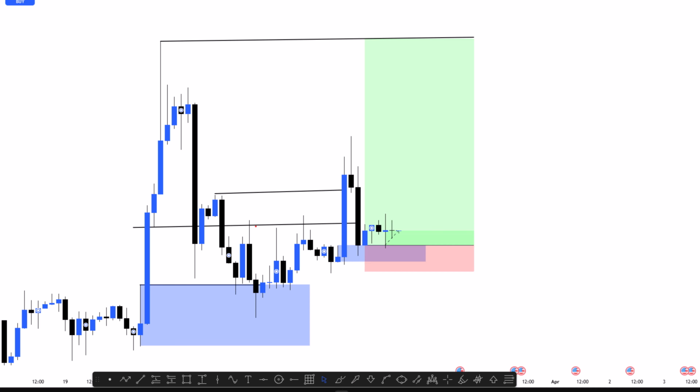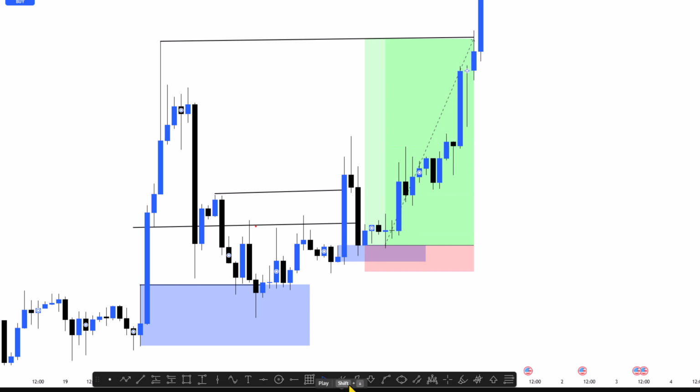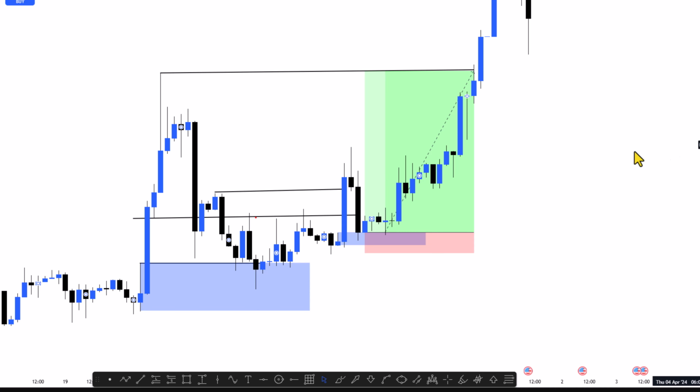You will see that we get a nice rally to the upside. So in this instance, we see the power of imbalances. There was an imbalance left open between this demand here and this candle here. Once this imbalance was filled, we reacted from demand. We didn't react from the fair value gap. We reacted from a fill of the full imbalance.